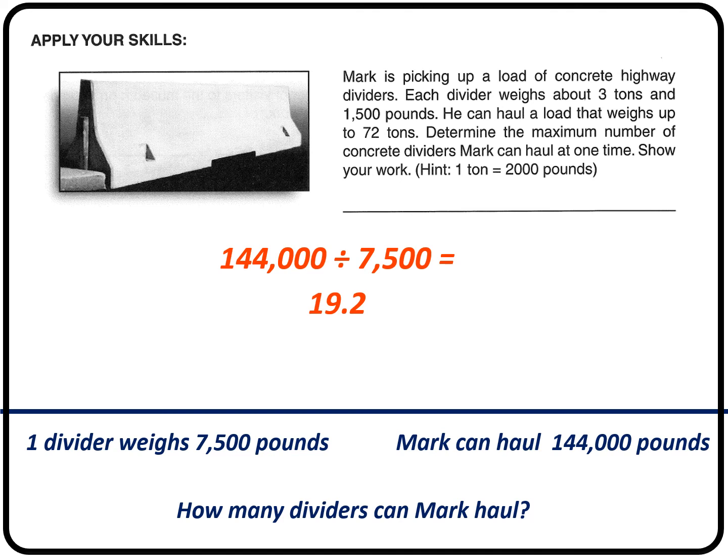This means that he can haul 19 full dividers and 2/10 of a divider. Do you think he's really going to divide or break apart a divider? I don't think so. So we can say that Mark can haul 19 dividers in all.